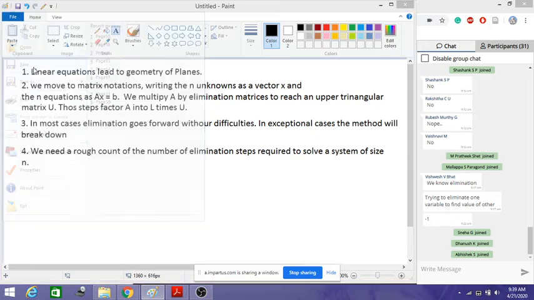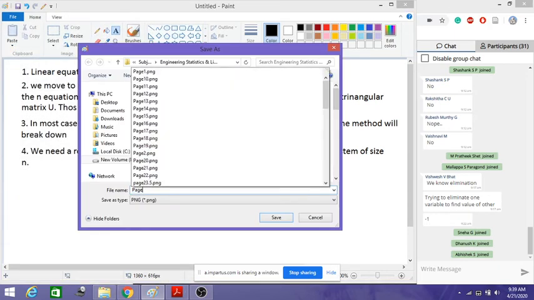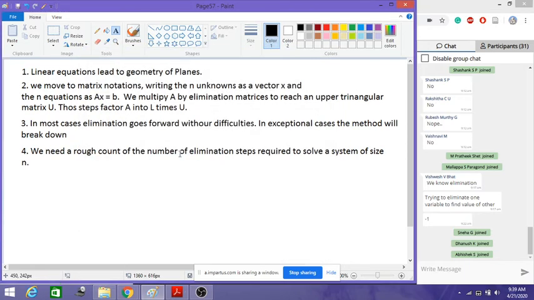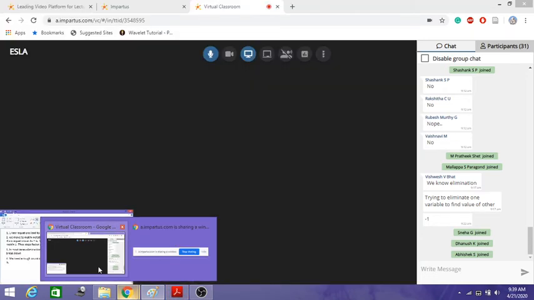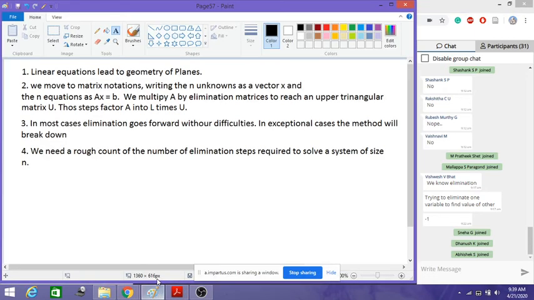So let me save this page. Now we will talk about the geometry of linear equations.